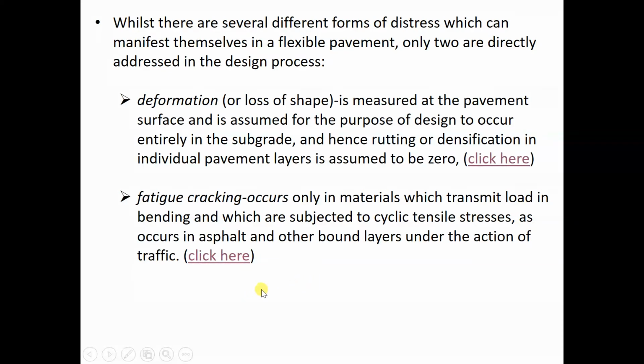Also, if you have some bound layers, such as asphalt, deep strength or full depth, or even cemented sub-base or base course, as long as they are bound, they can exhibit cracking, and the cracking usually happens at the bottom. Because when the loadings come down, the top part is usually under compression and the bottom is in tension, so the cracking usually happens at the tension part.